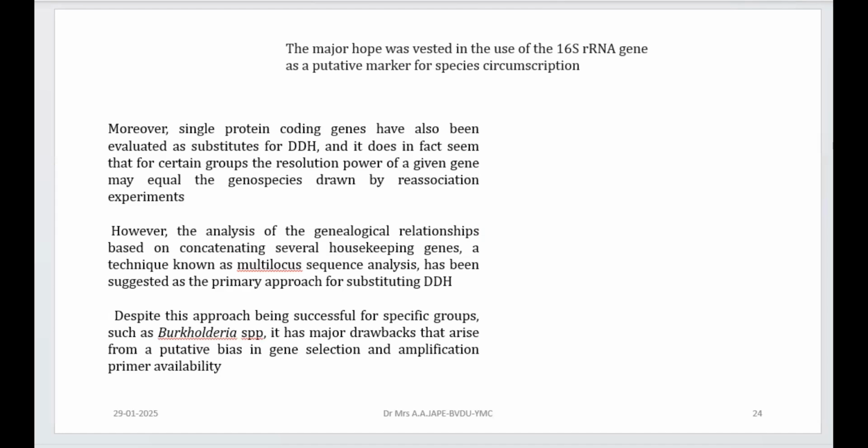But yes, when it comes to resolution of the methods, you need to have reassociation experiments. Surely DDH cannot be absolute, 100%. Yes, it was a gold standard earlier, but it needs to be supplemented with other methods. Now, what are the other methods? As I said, a single protein coding gene sequence can also tell you how two isolates vary with respect to each other.